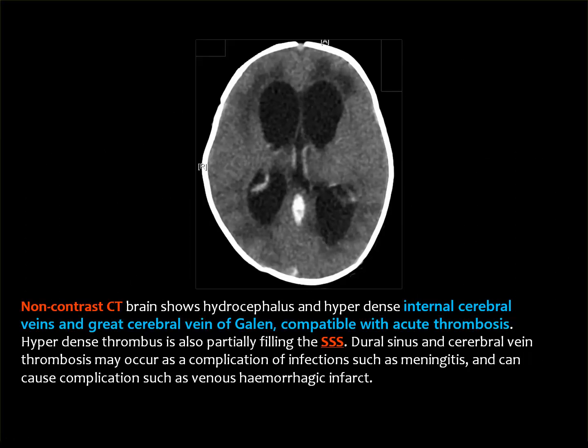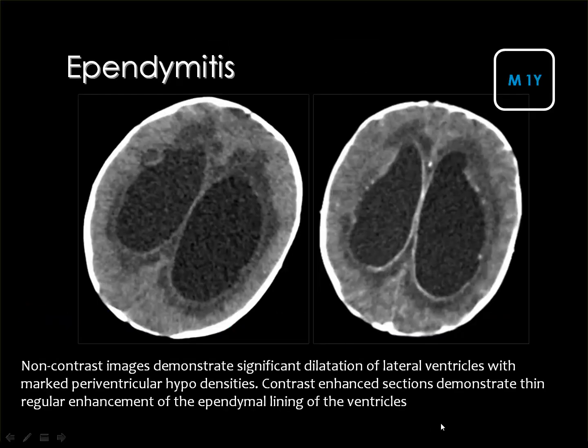Inflammation of the meninges may affect the venous sinuses. Then you get thrombosis of the internal cerebral veins, thrombosis of the vein of Galen, thrombosis of the superior sagittal sinus. If you see the vessels are hyperdense in the pre-contrast study, then you know that the blood is coagulated inside these vessels.